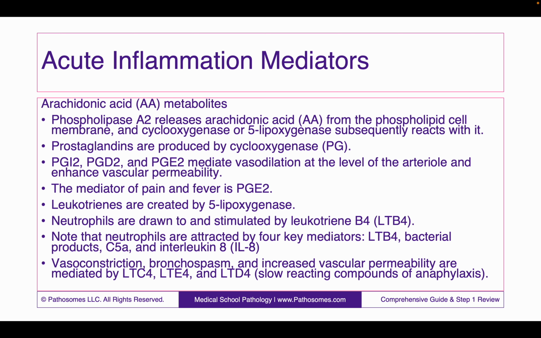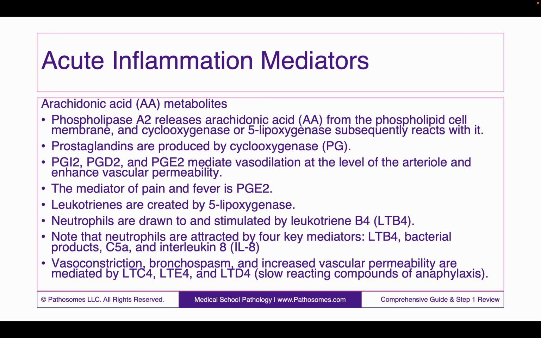And keep in mind that neutrophils are attracted by 4 key mediators, which include leukotriene B4, also known as LTB4, bacterial products, C5a, and interleukin 8. Got that? All right.